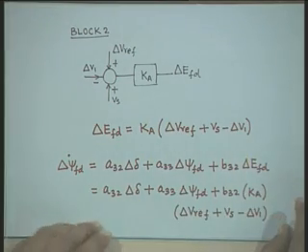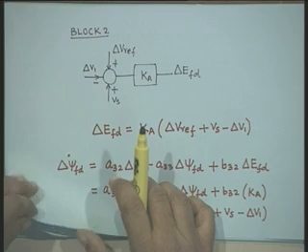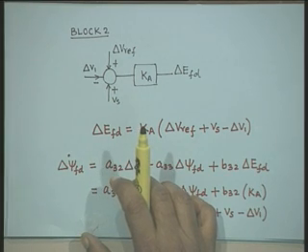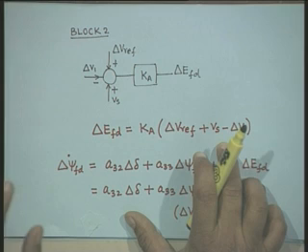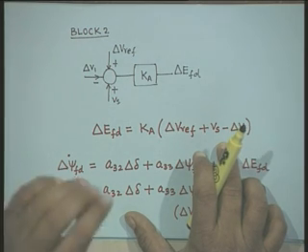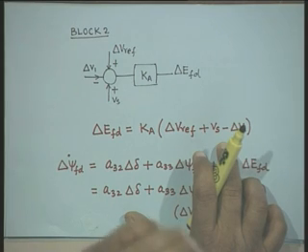Now, this delta Efd appeared in our earlier equation for delta psi fd. That is, when delta psi fd dot was written, it was a function of delta delta, delta omega r, delta psi fd, plus a function of delta Efd.